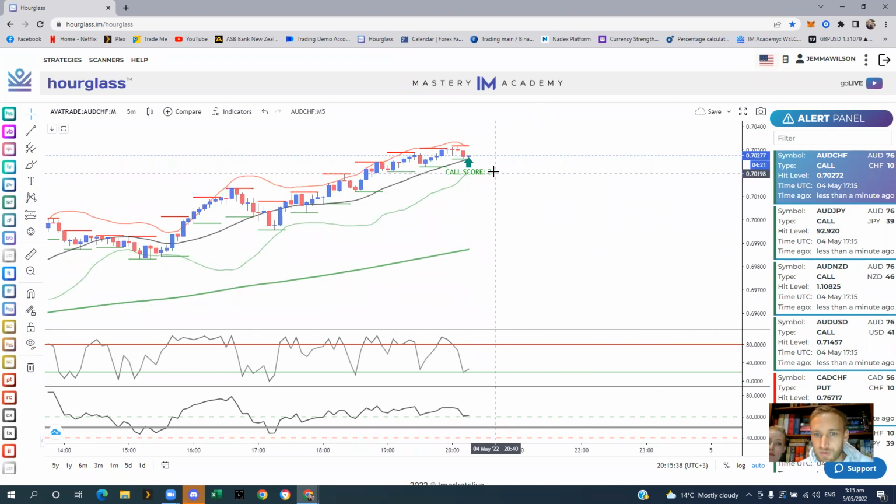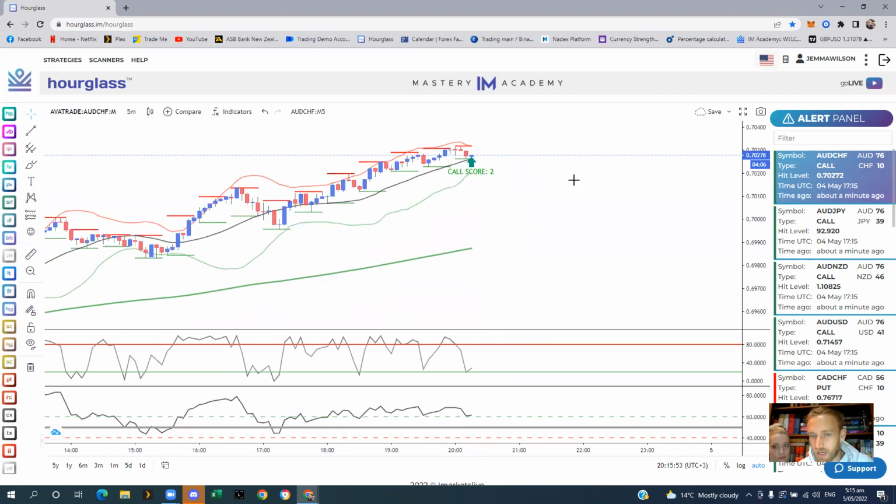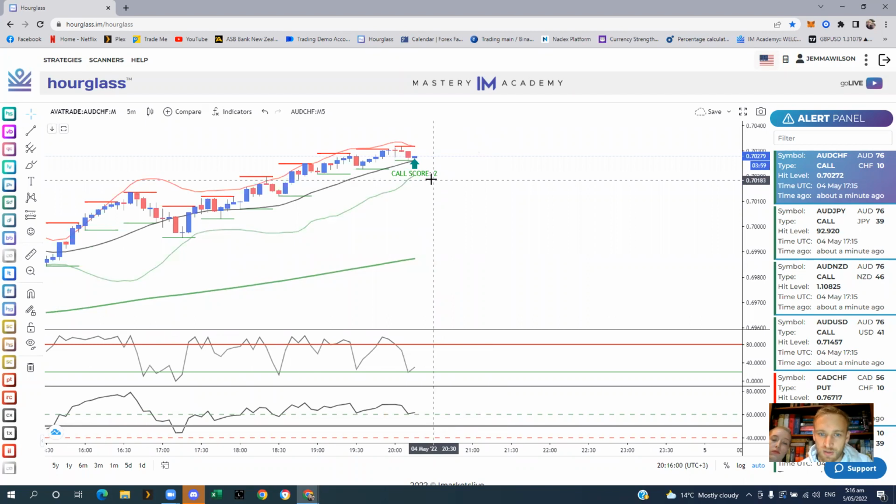The score system goes from 1 to 5, or 1 to 6, but most of the time 5 is the highest. 5 being the best trades and 1 being not the best trades. With this strategy, you want to be aiming for 3s or 3 to 6s. So you want to enter 3 or 3 to 6s.